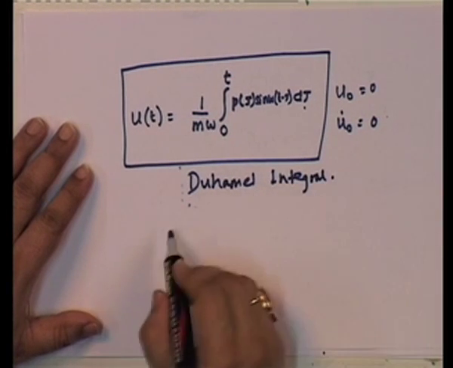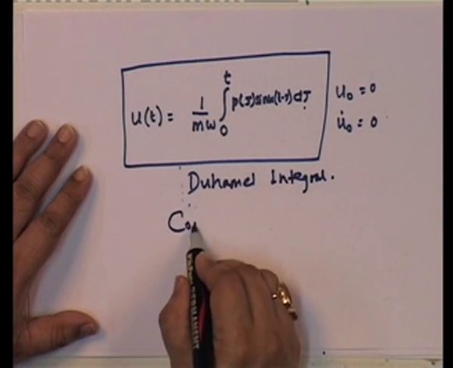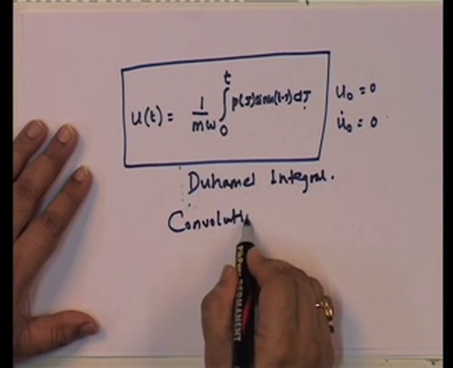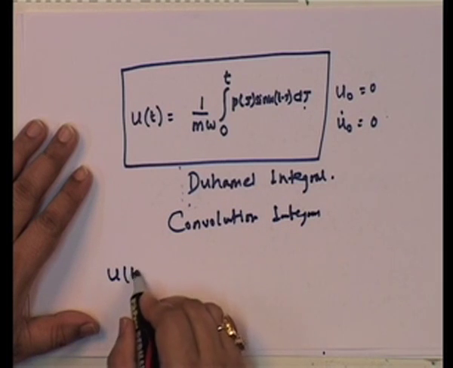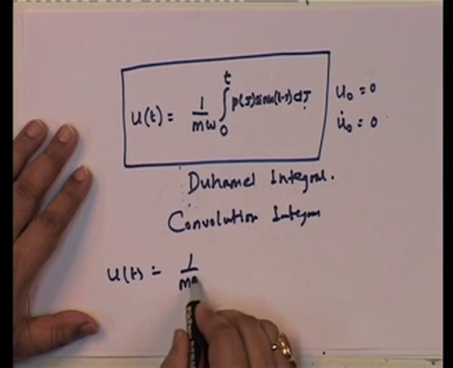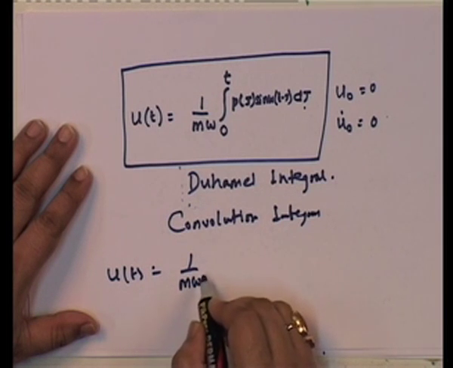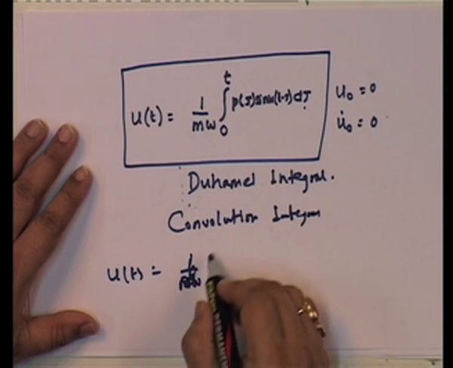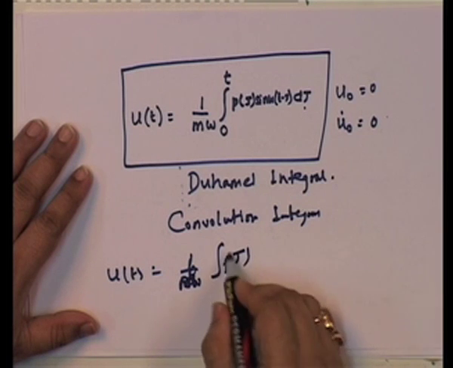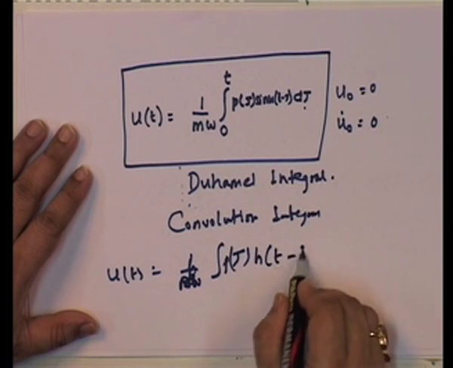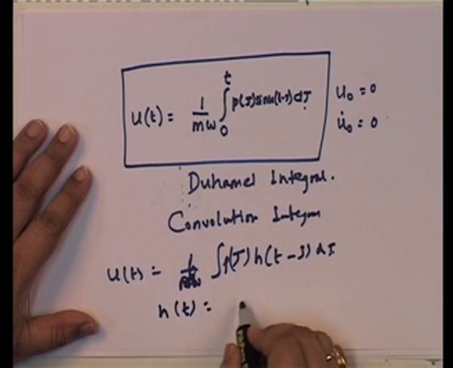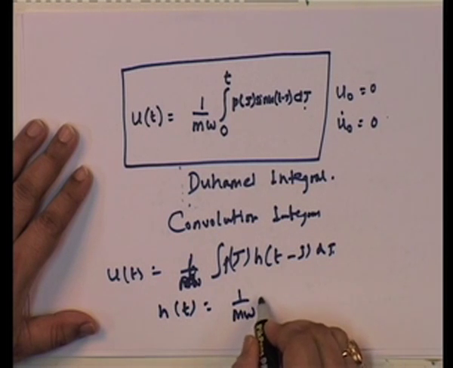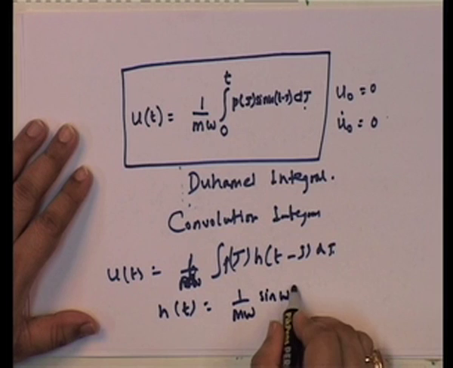and this is nothing but a convolution integral, where u of t is equal to, sorry, not 1 upon m omega. The convolution integral is p tau h of t minus tau d tau, where h of t is equal to 1 upon m omega into sine omega t.